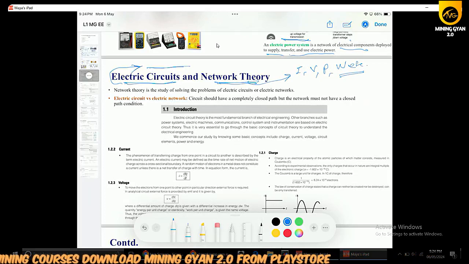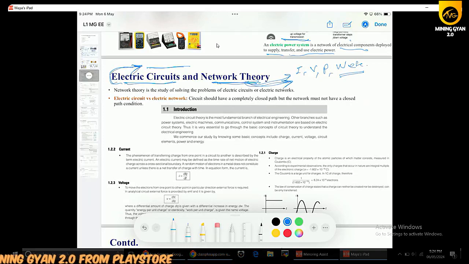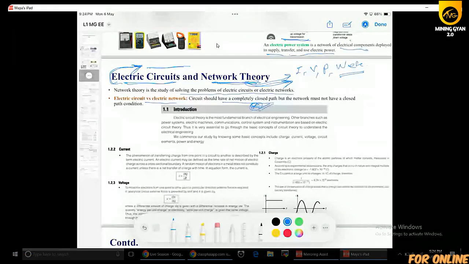This will deal with the mathematics involved in any given circuit, and this will deal with the actual problems. Network theory is the study of solving the problems of electric circuits or a closed path. Remember this: a circuit should have a complete closed path, but a network need not have a closed path. It may or may not have a closed path.